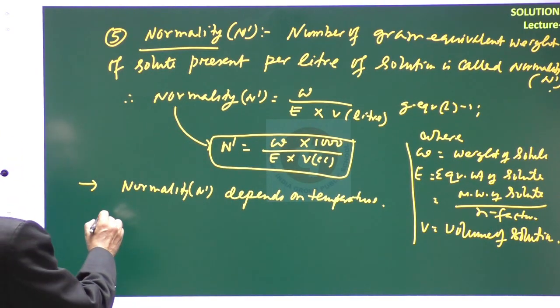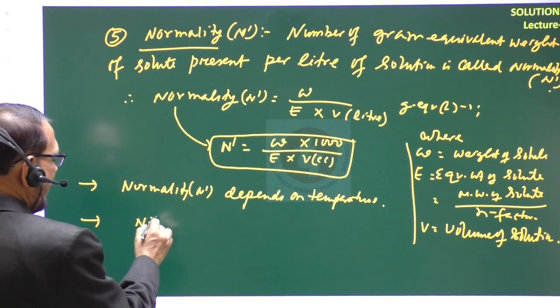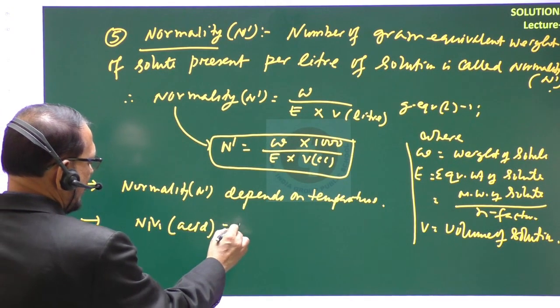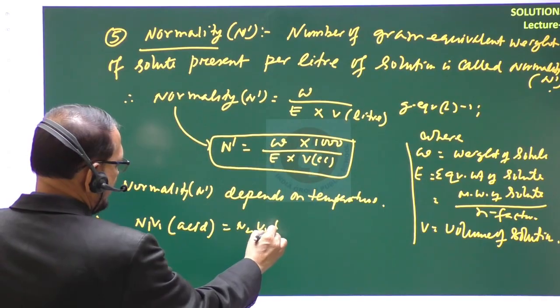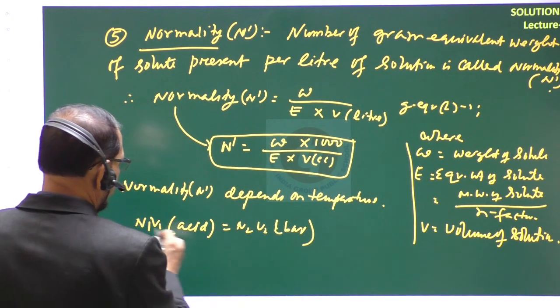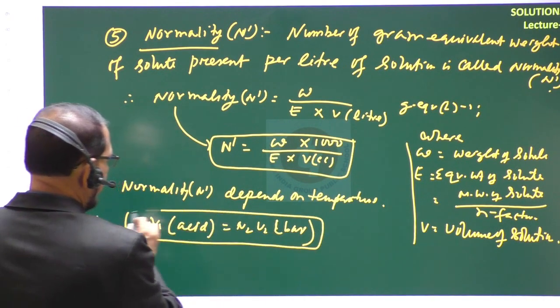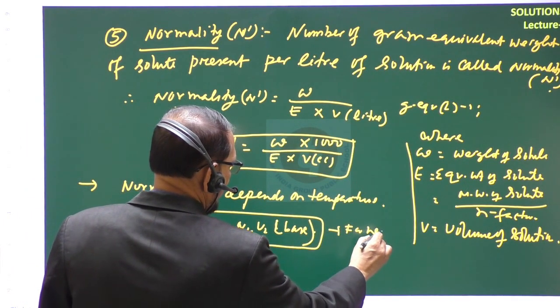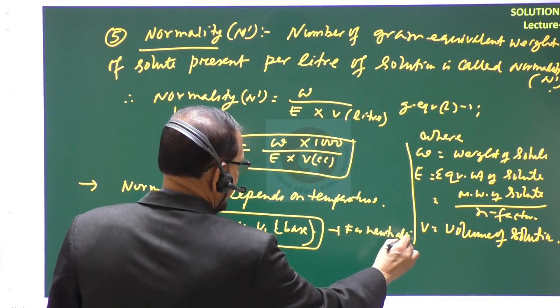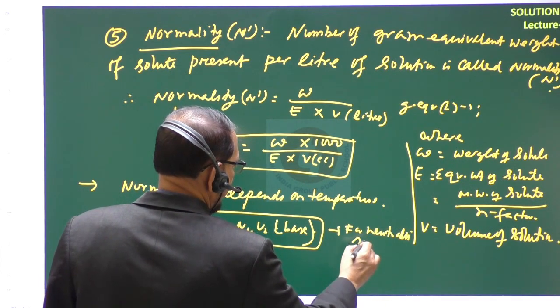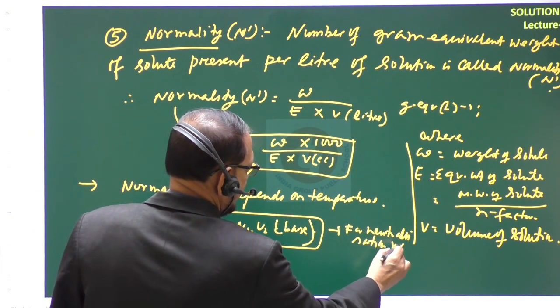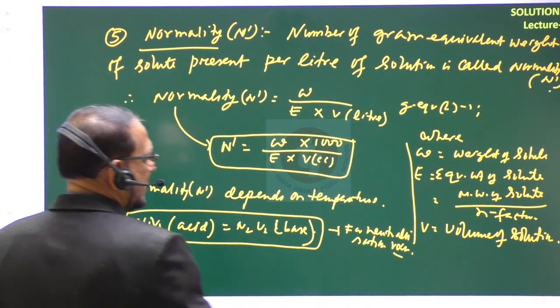For acid base solutions, N1 V1 of acid is equal to N2 V2 of base for neutralization reaction, that we learned in class 11.